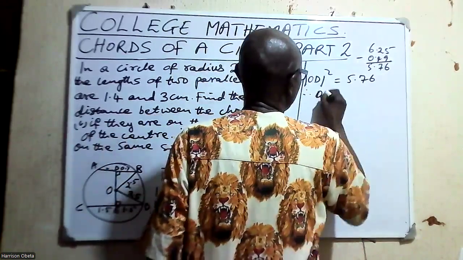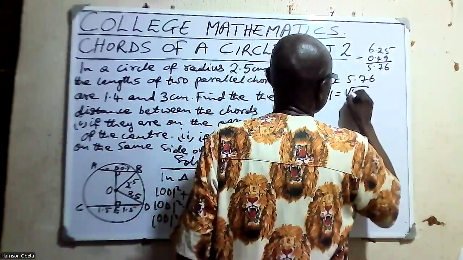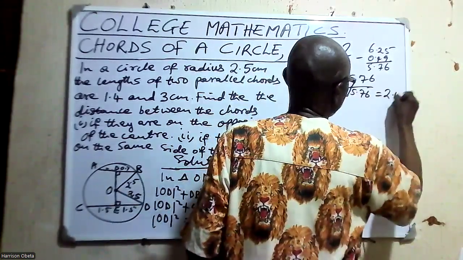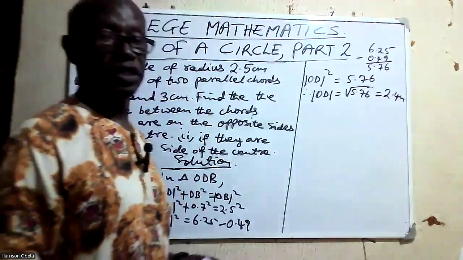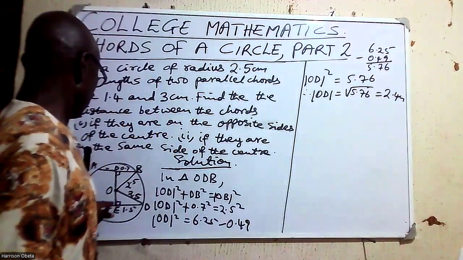Therefore, OD is equal to the square root of 5.76, which is 2.4 cm. So we are now going over to OED.